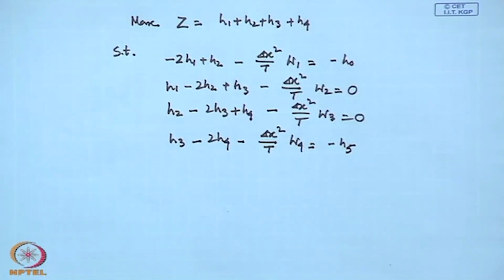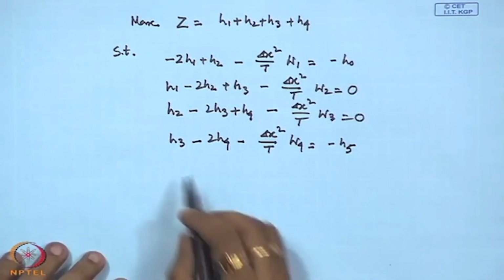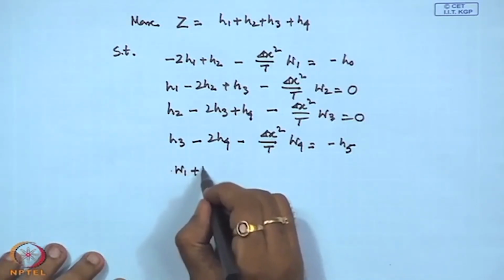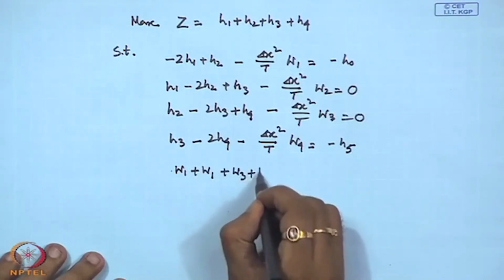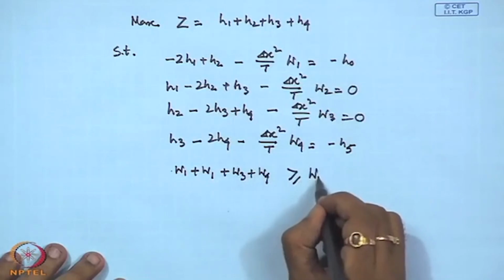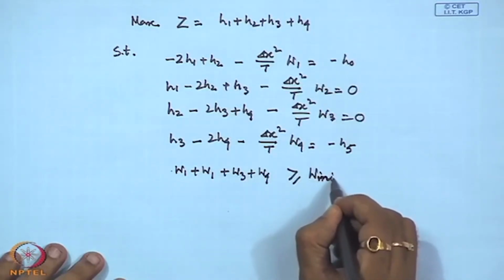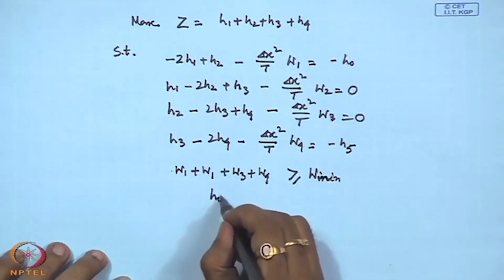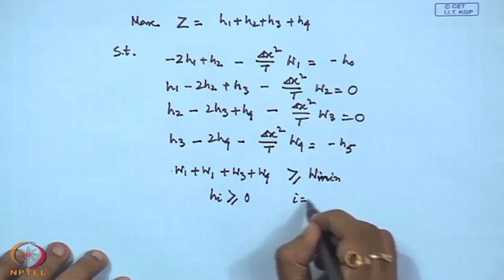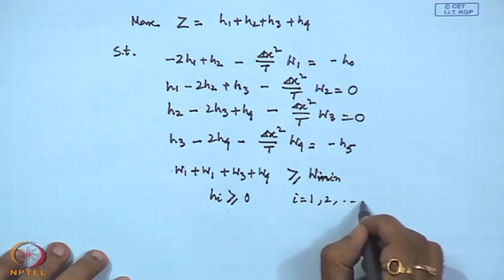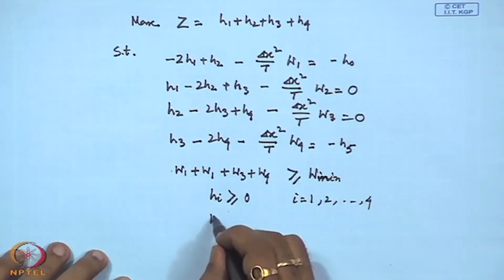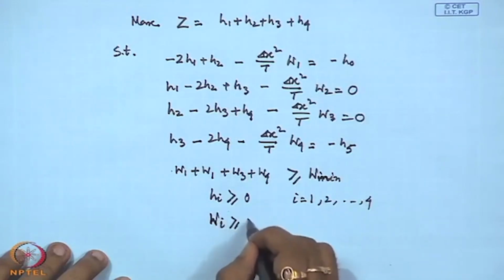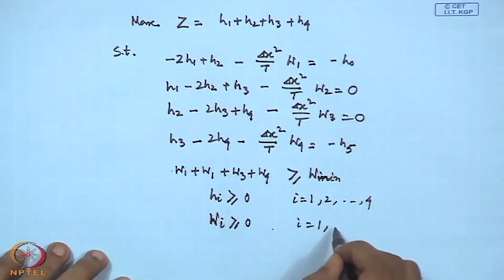So, we have defined our constraints, and the final constraint is this one, that is there is a minimum value of total pumping in production wells, and Hi greater than 0, that is I equals to 1 to 4, and Wi that is also positive, I equals to 1 to 4.